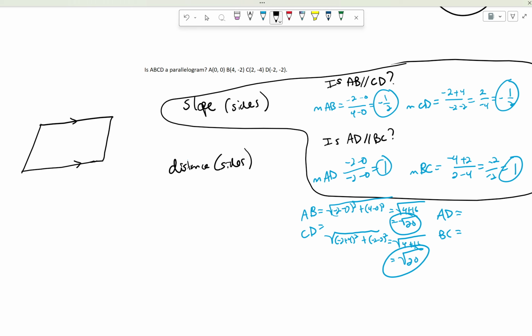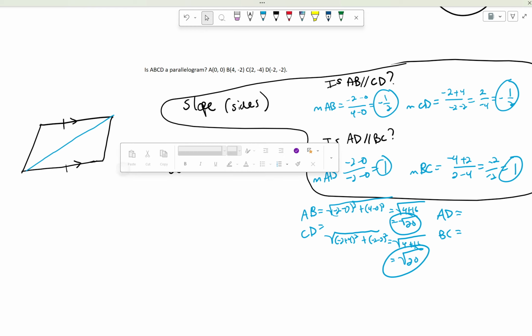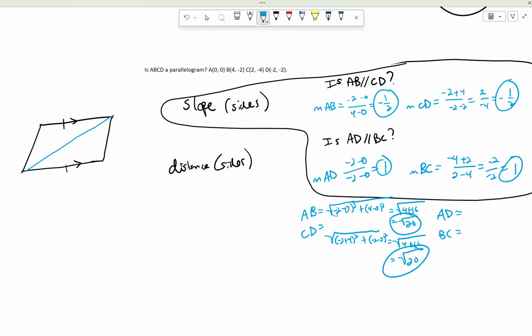Parallel, congruent. Effectively through side angle side, we're going to have congruent triangles, right? And it's going to then show that we have congruent angles that are opposite. Then therefore we'll have consecutive interiors that are supplementary, and therefore we're going to have those parallels. Here's how it would work with the parallels: this guy, and then we have this reflexive side, which is the diagonal.